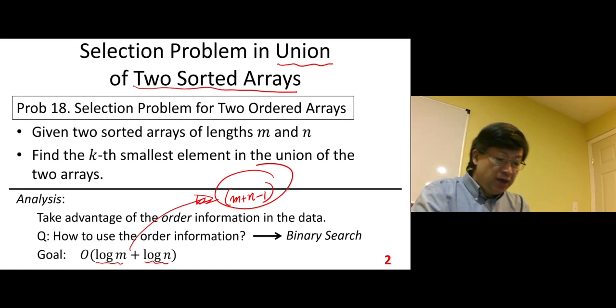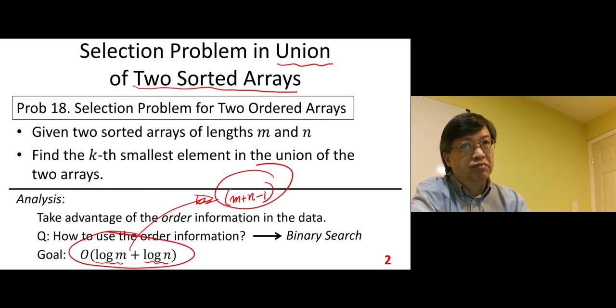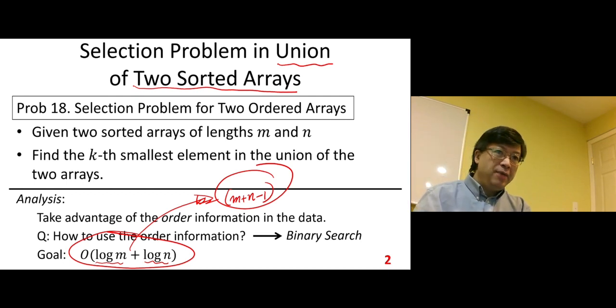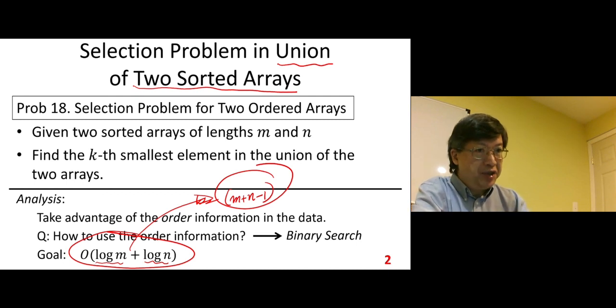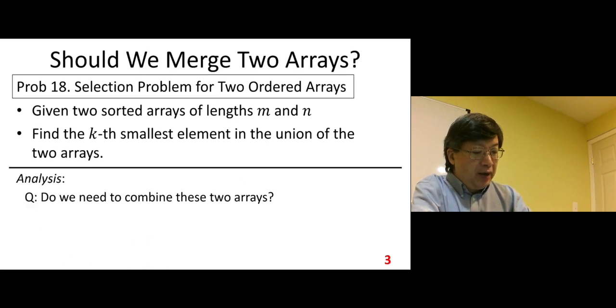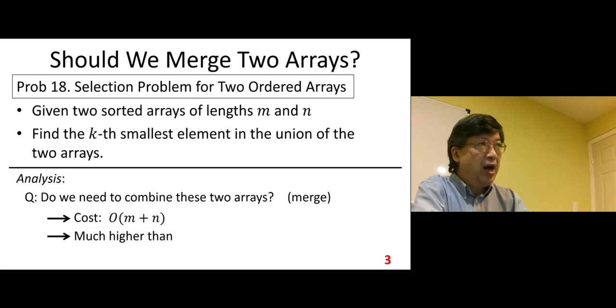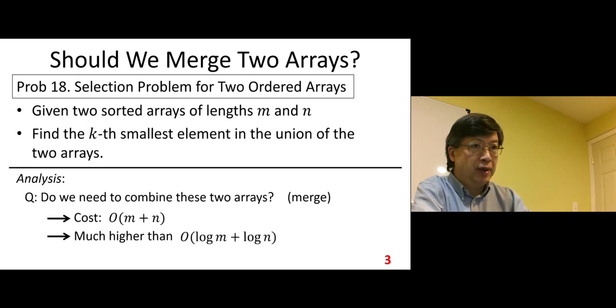So we want this log function for the efficiency. That means it is not easy. It is a little bit challenging. We saw that the merge cost is too high, so we don't like it.